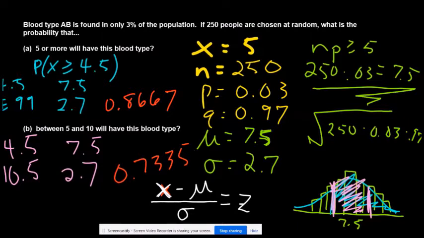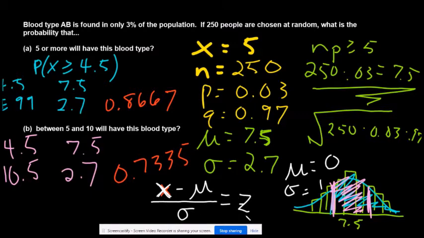We would still add or subtract 0.5 from the z-score. But then our mu would be 0 and our sigma would be 1 instead of 7.5 and 2.7 in this example. We should get the same probabilities if we change these values to z-scores. You might see people do that in other examples.